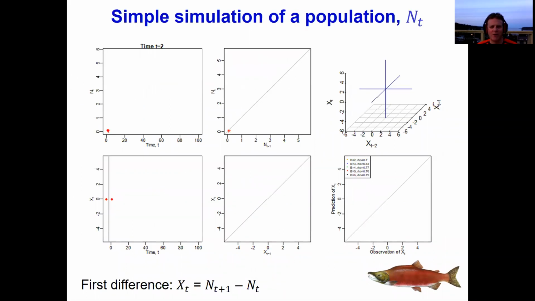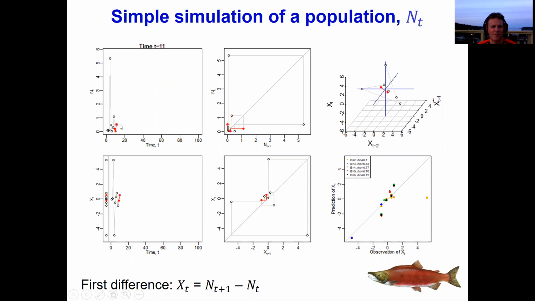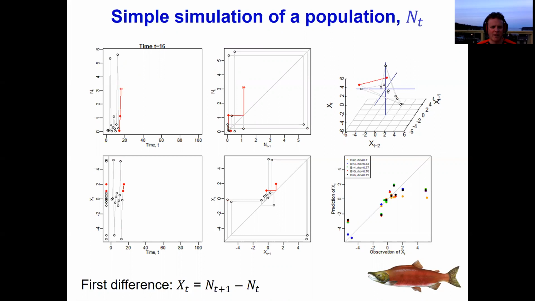So here I have a simple simulation of a salmon population. On the top left, we are plotting just n, the population size at time t, against t. And you can see a time series going through in time. The bottom left, we have the first difference of that, which is xt, the difference between nt plus 1 and nt.